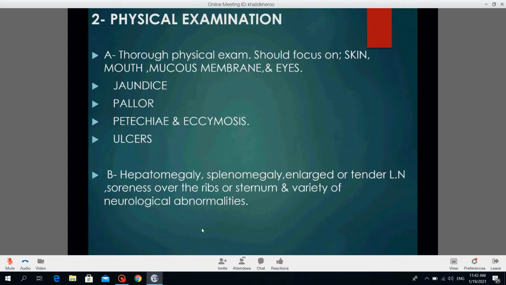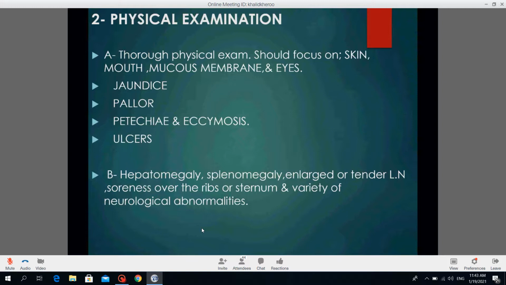Other important physical signs to look for, and these signs can be observed by examining the skin, are petechiae and ecchymosis. By petechiae, we mean that there are small red spots, less than 2 millimeters in diameter. They are non-blanching. This means that they don't disappear with pressure.